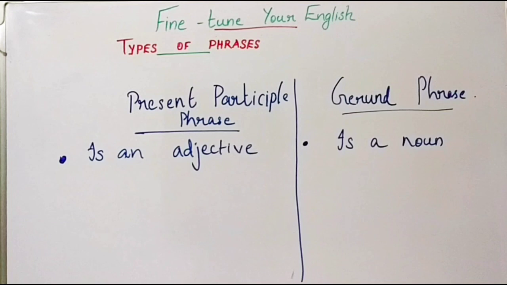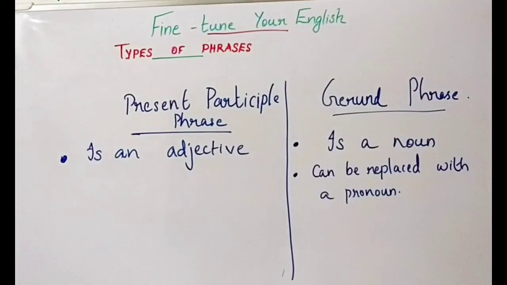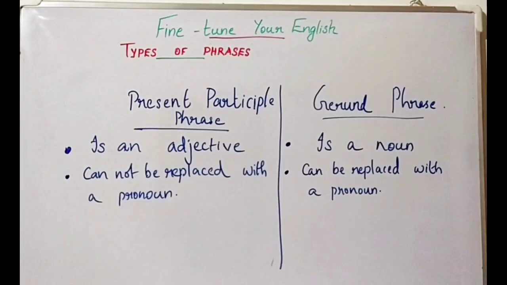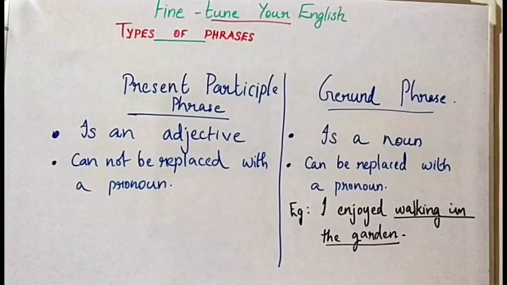Now we can differentiate present participle from gerund phrase. See, a present participle always acts as an adjective, but a gerund phrase acts as a noun. A gerund phrase can be replaced with a pronoun, but a present participle phrase cannot be replaced with a pronoun. Clear it with the help of the example given here.